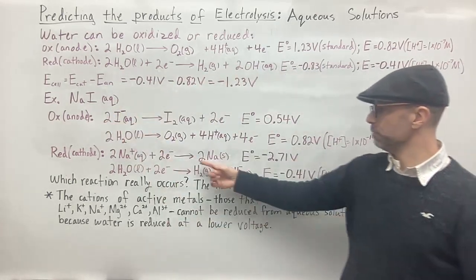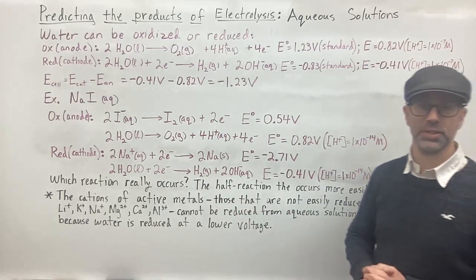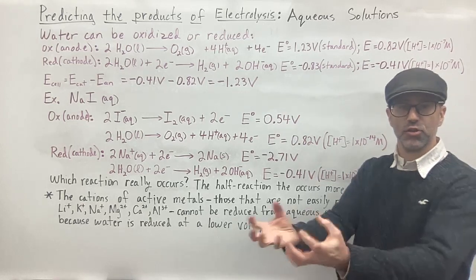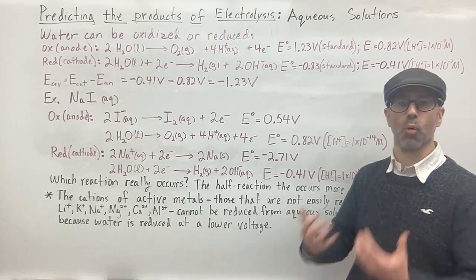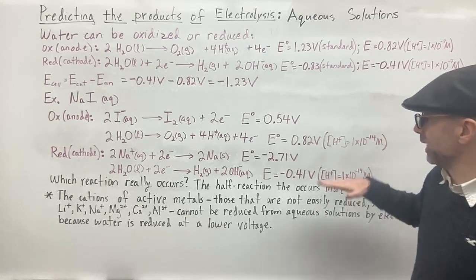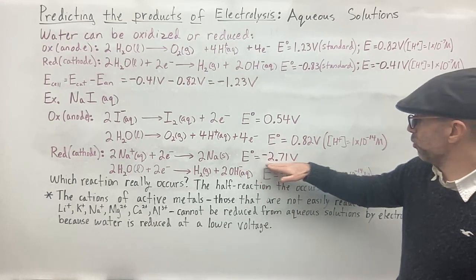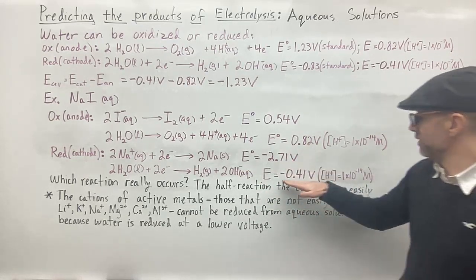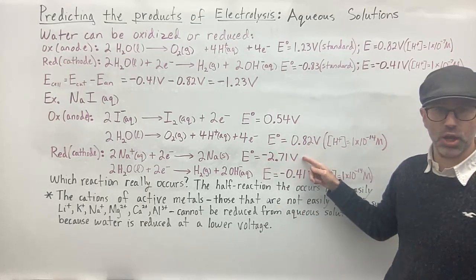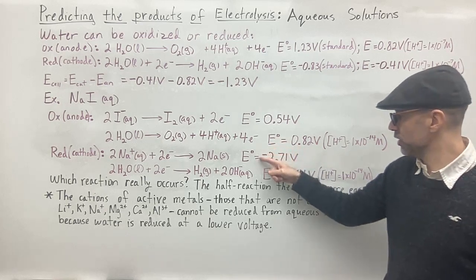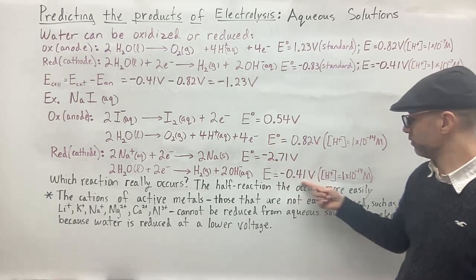What about at the cathode? So again, at the cathode, what we're looking at is the more positive electrode potential, because the positive is drawing the electrons to that electrode. So more positive means more easily reduced. And so we're looking at the more positive. Here we have a negative 2.71, and here we have a negative 0.41. So this one is more negative, or another way to put it is less positive. This one's less negative or more positive.